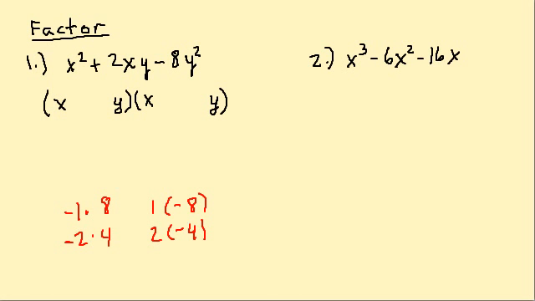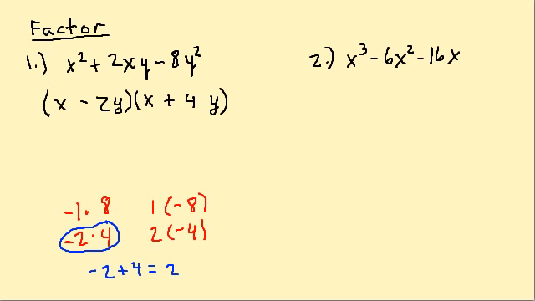So what is going to add together to give me positive 2? Well, we can see that's negative 2 and 4, because negative 2 plus 4 is equal to positive 2. So my answer is going to be x minus 2y times x plus 4y.